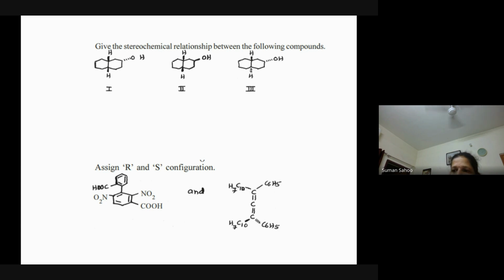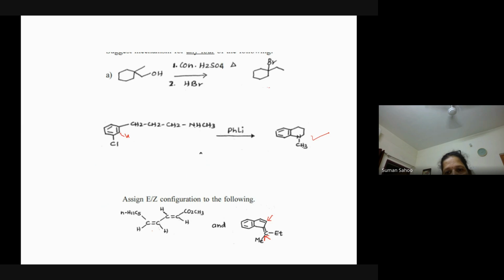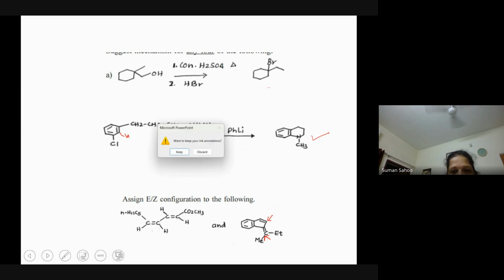And whatever SAQ and terminal questions are there, go through them and go through the material thoroughly. Then you deduce as many problems as you can. Okay, any doubt?